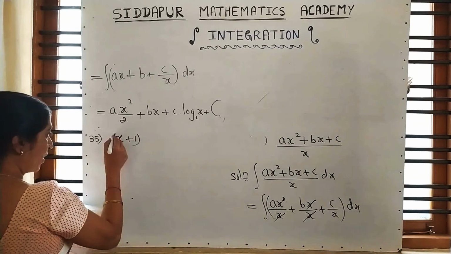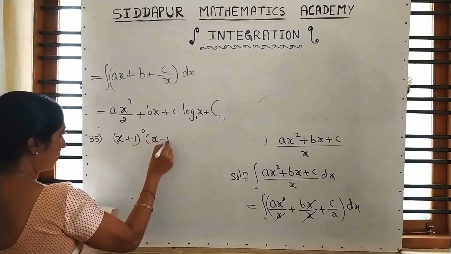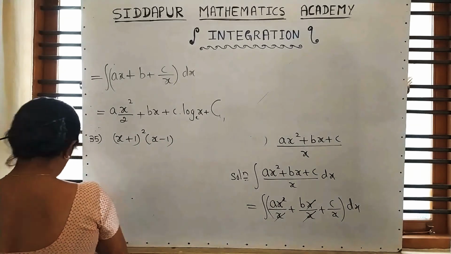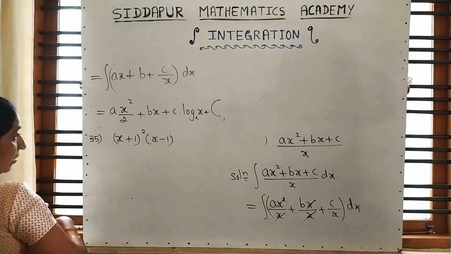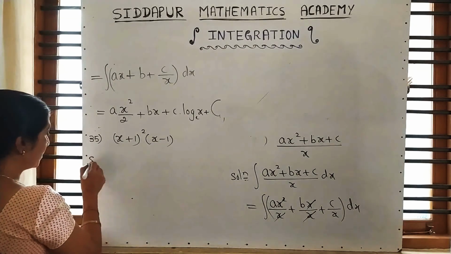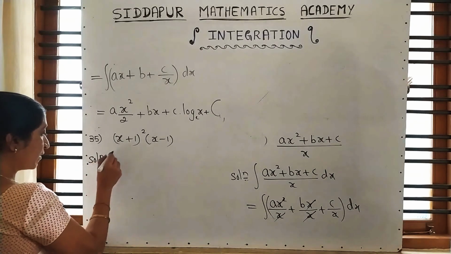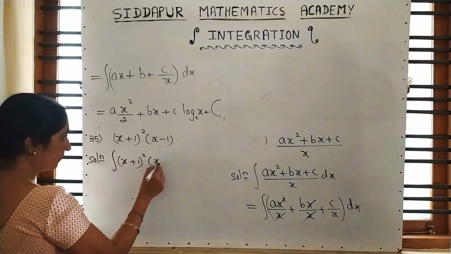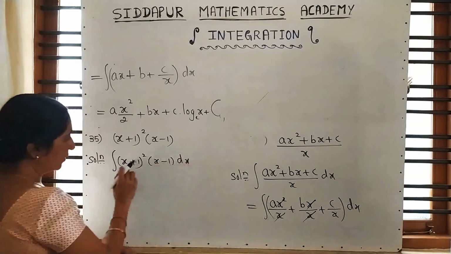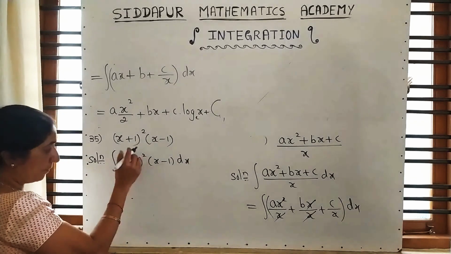X plus 1 whole square into x minus 1. Already we are familiar. We don't know the integration of u into v, that is the product rule. What do you do then? First step, we have to write with integral sign. After that, first remove this bracket. That means apply the square.